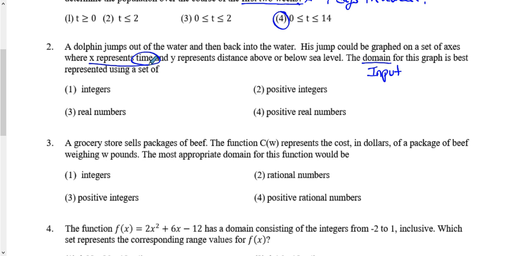So just 1 minute, 2 minutes, that's it? Not 1.3 minutes? What about even seconds? The real numbers are all the integers and all the infinite stuff in between, right? Yeah, for fractions of a second. It'd be choice 4.